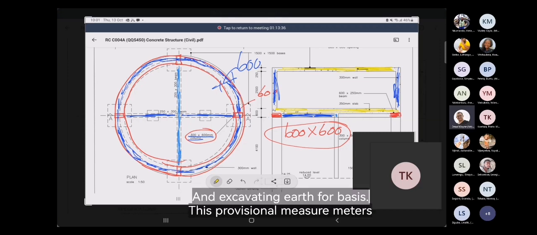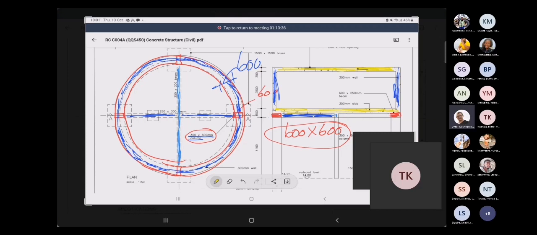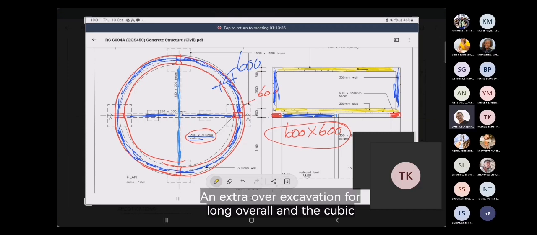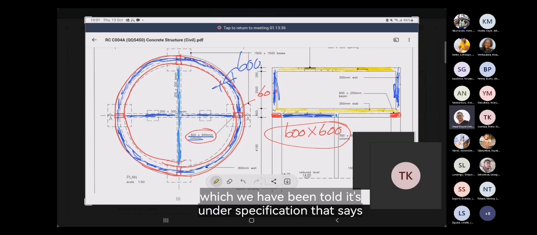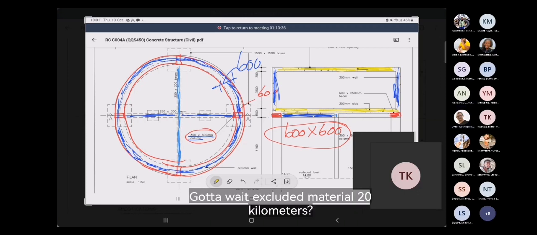This is provisional. Measured in cubic meters. And extra over excavation for limited overall or provisional. And extra over excavation for long overall, and the cubic meters multiplied by the distance of 20 kilometers, which we are being told, it's under specification, it says cart to waste excavated material 20 kilometers.